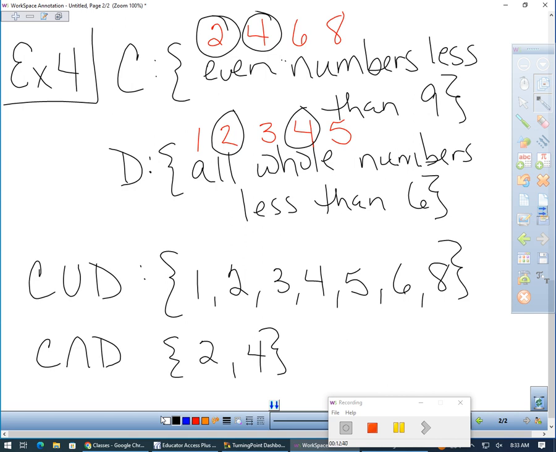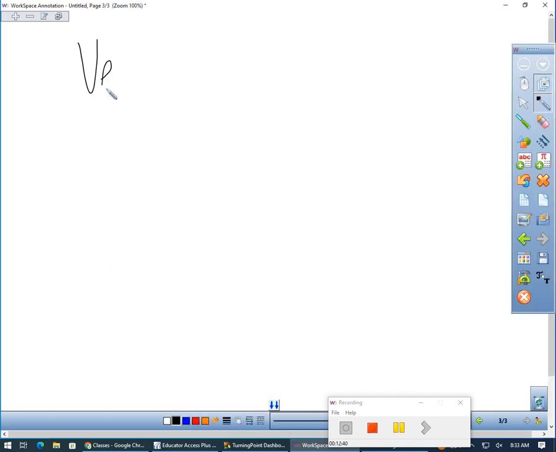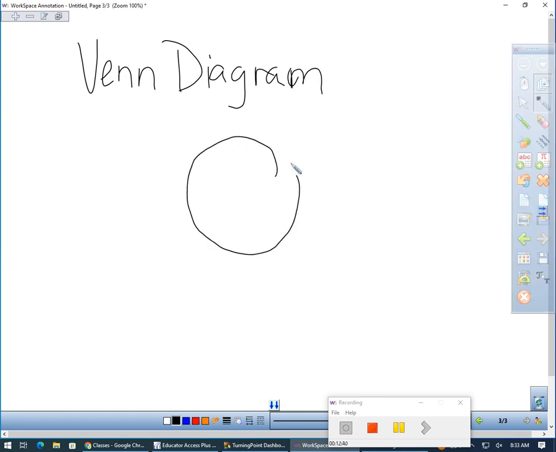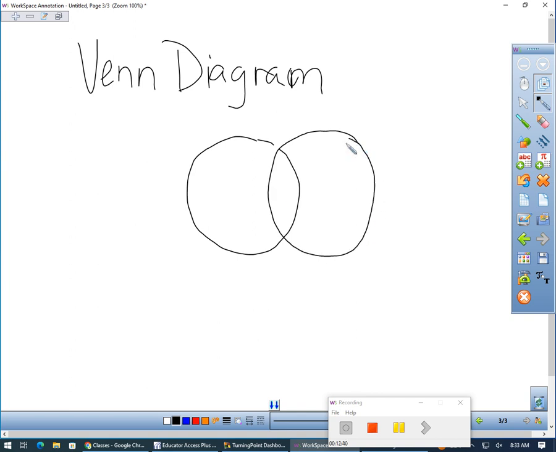Next one, who can tell me what is a Venn diagram? Okay, 2 circles. And what about these 2 circles? They connect. They overlap, right? So in these two circles, it actually represents sets.